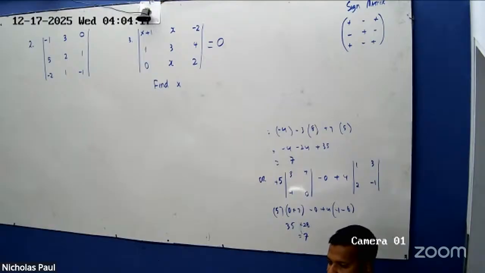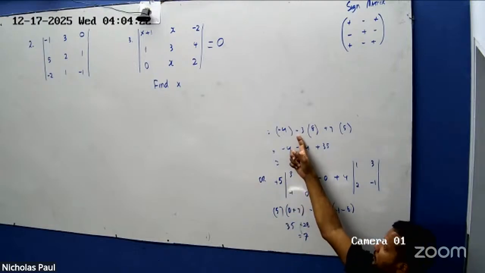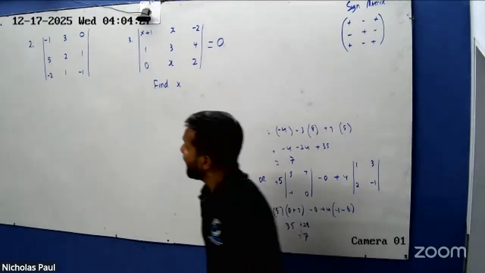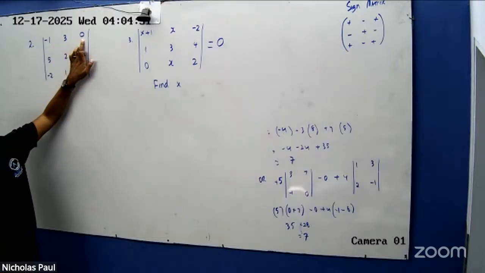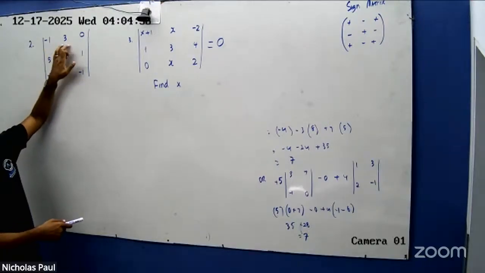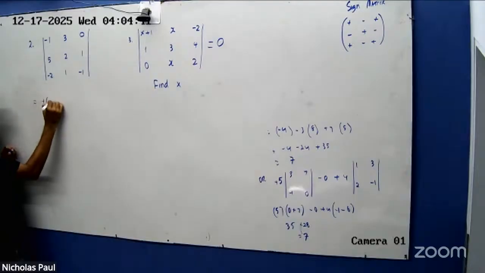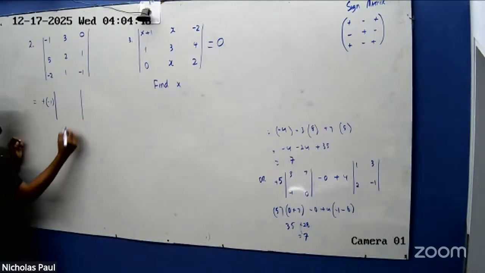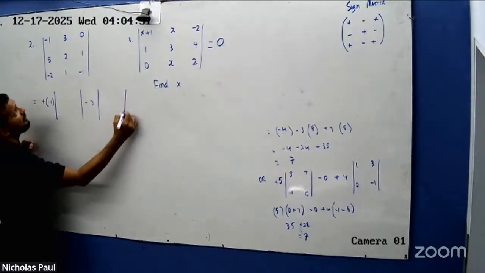Using the sign matrix to get the value in front of here. Right? So when the first one saying that this is always plus, this is minus, this is plus. Right? So I would write it like this: plus by its minor. I'll find the minor that's now. Minus 3 because it's minus, right? By its minor plus 0.